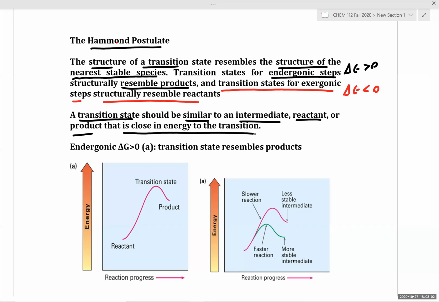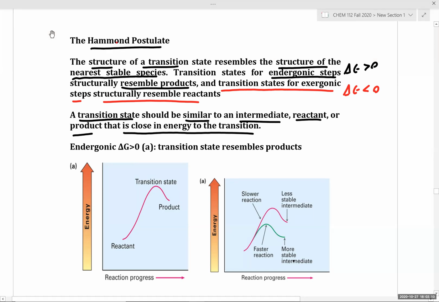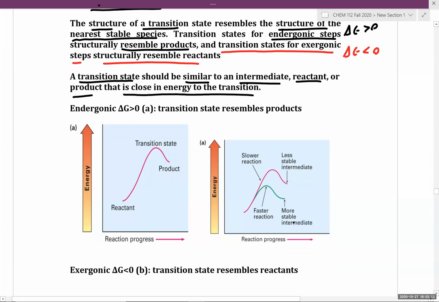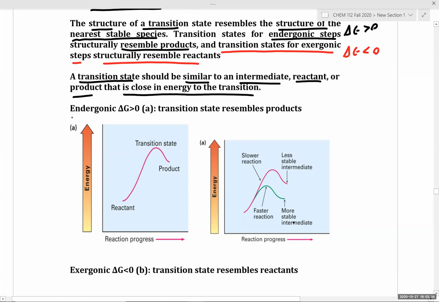So, with that definition presented, let's look at different reactions. As a review, an endergonic reaction has a Gibbs energy of reaction greater than 0. And as a result, following the Hammond postulate, our transition state would resemble our products in terms of structure.